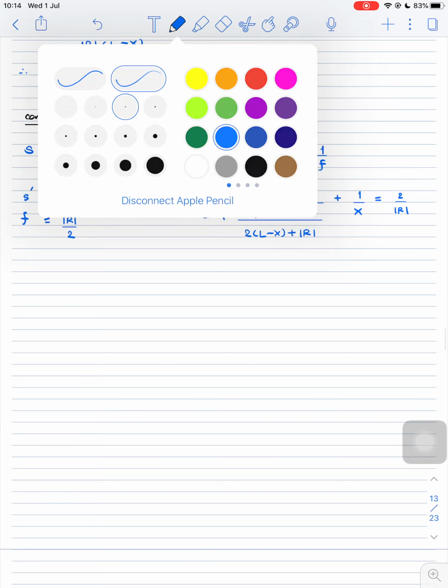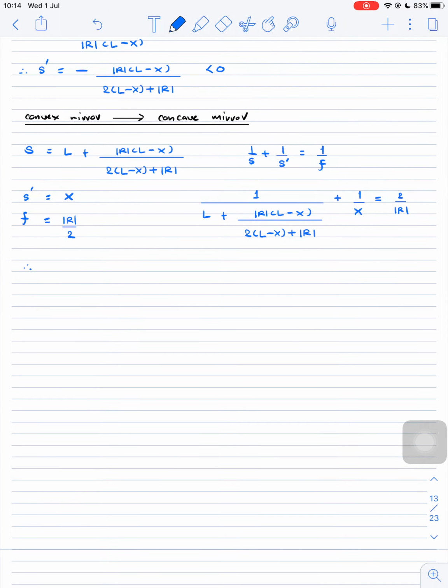Finally we can get that X equals 0.240 meter and 0.720 meter. We have two solutions because this is a quadratic equation.